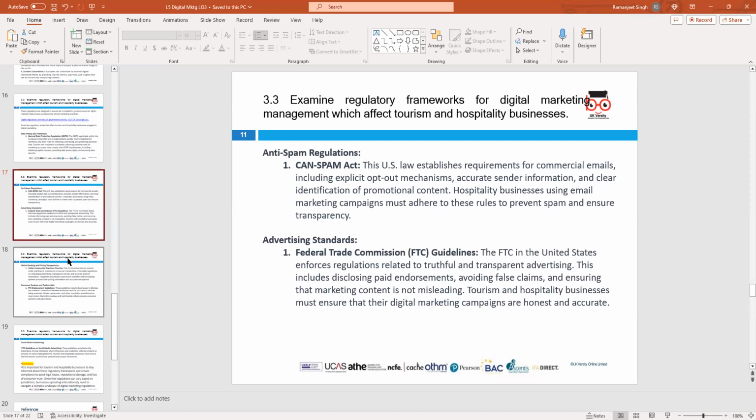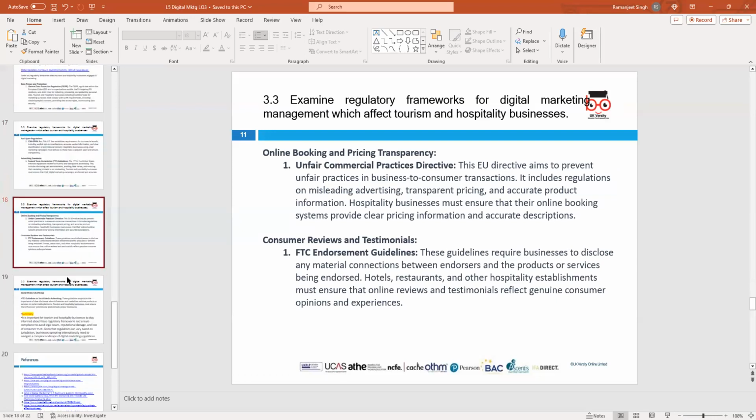Make sure that the content is right, so that these laws are not broken. These laws are very clear and transparent. So there is anti-spam law. Then there are advertising standards. In the US, the FTC enforces regulations related to the transparency of advertising, and advertising standards are enforced in the UK.